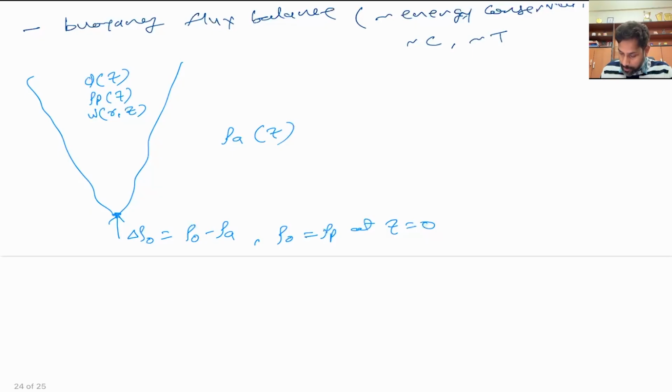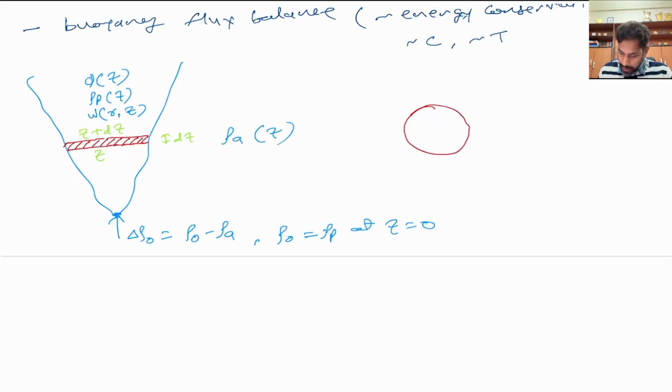So now we will assume there is a small element, and it is circular, so if you look from the top it will look something like this. All right, and we assume that this location is z, this is z plus dz, so basically this length is dz.